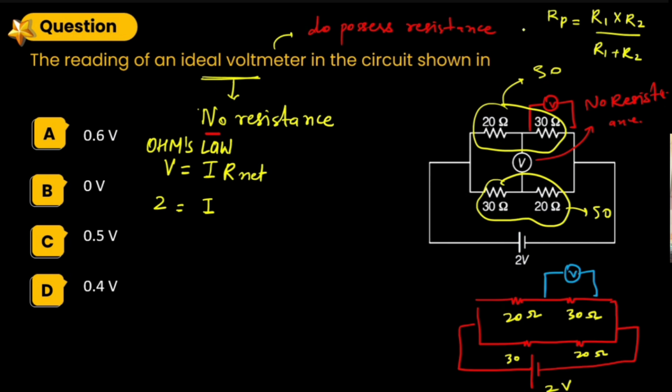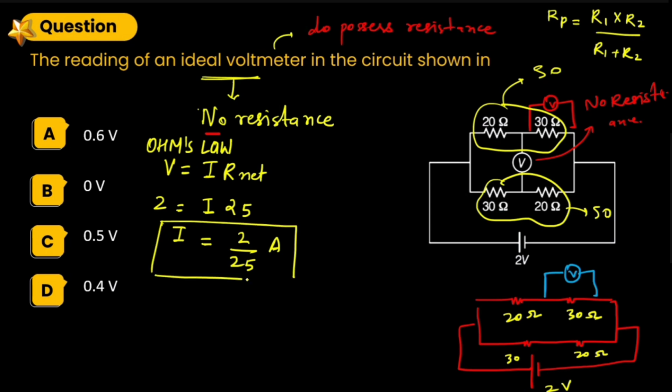So when you solve it by putting the value of R1 and R2 as 50-50, we'll get 25. So I is 2 by 25 amperes. So finally we got the value of current.